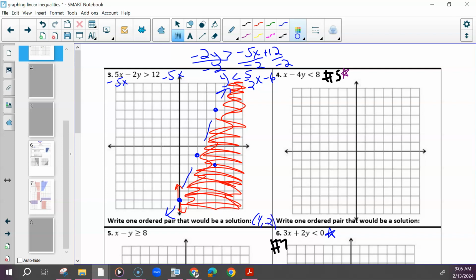Someone else give me another point that would be a solution. Sure. Someone else give me another point that would be a solution.